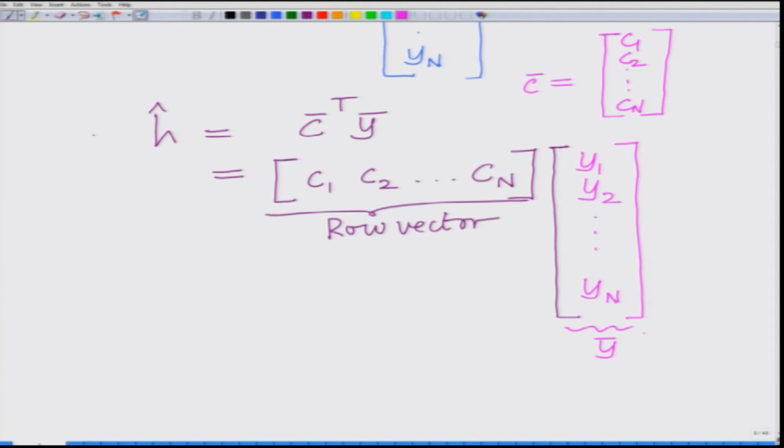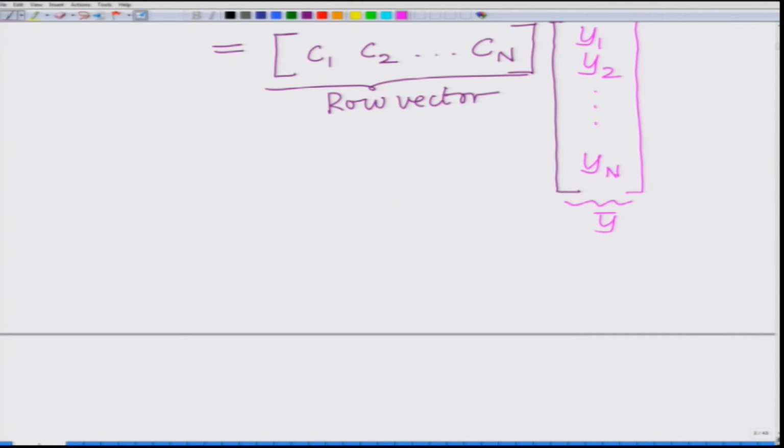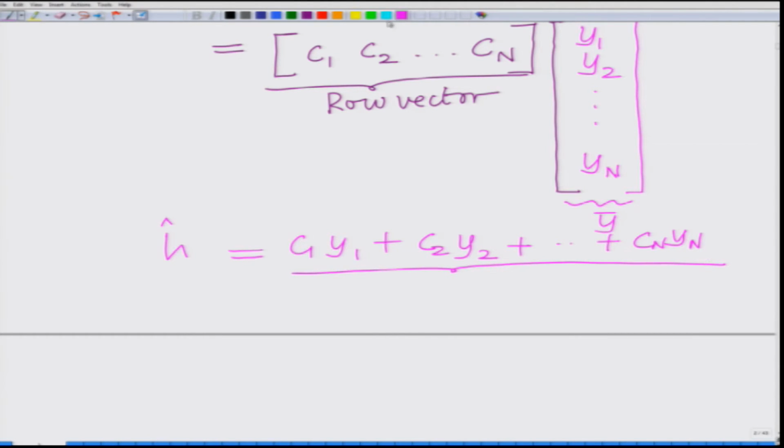Therefore, C bar transpose y bar equals C1 y1 plus C2 y2 plus so on up to Cn yn, and as you can see this is linear because this is a linear combination. So, we are obtaining the estimate by a linear combination of the observations.